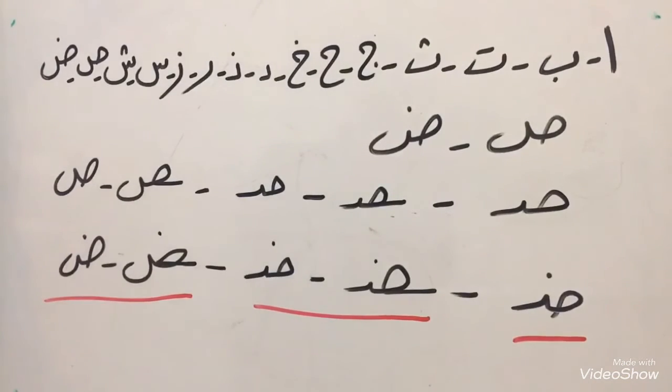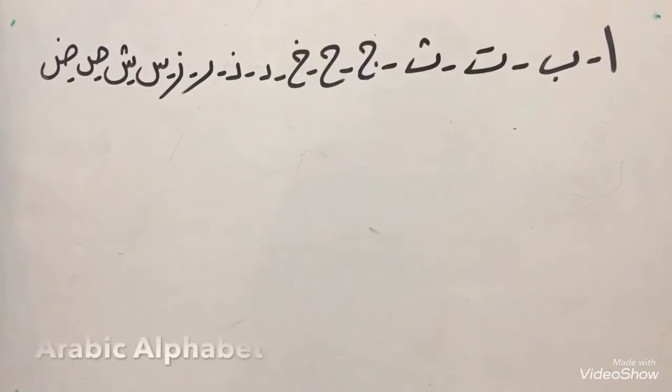Now, after we have seen the different ways of writing each letter that we had till now, let us try to give examples to see exactly how to write each letter with other letters to form words.